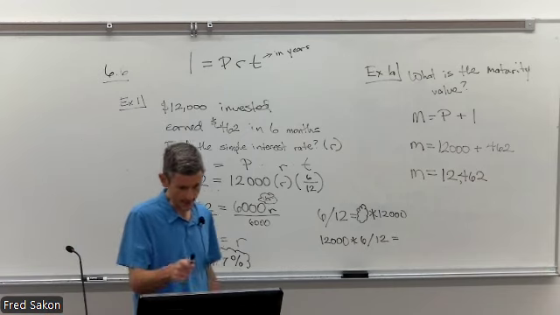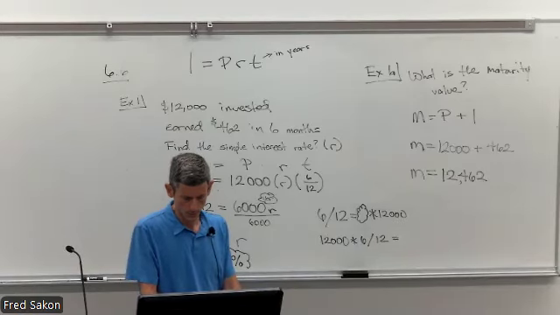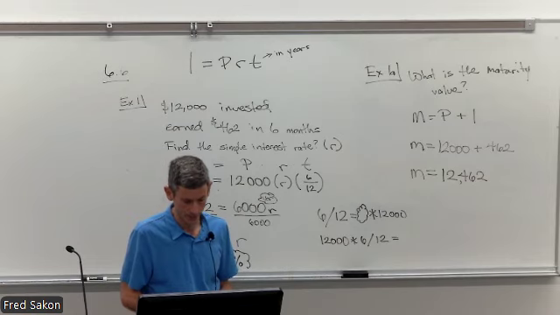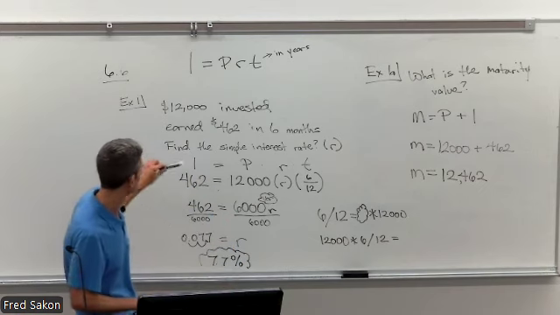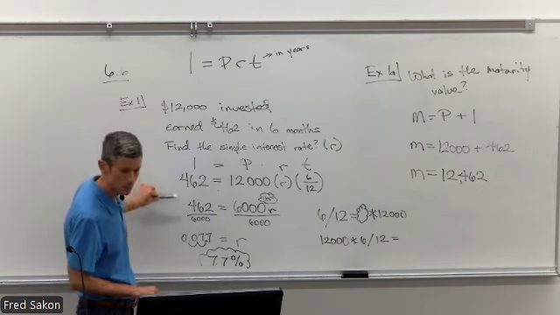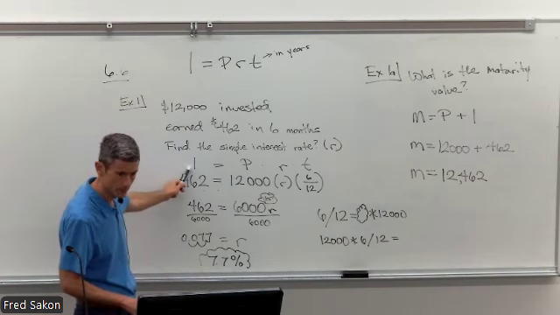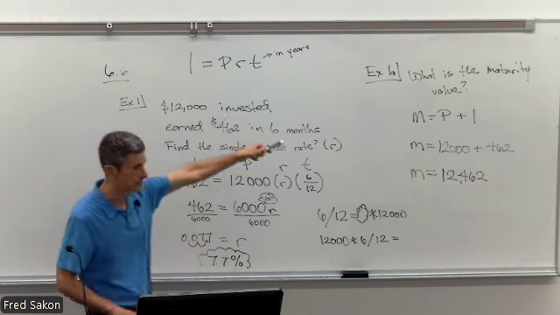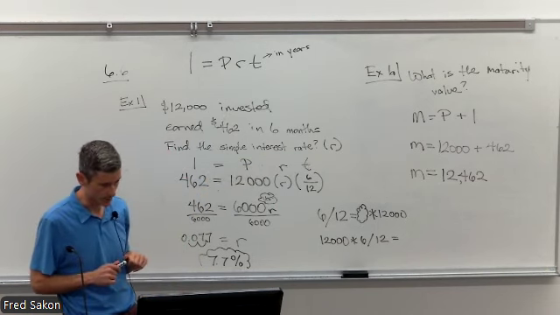Now looking at your practice problems, the second one asks for maturity value. So the second one, you would go through this process and figure out I, then you would add it to the principal. So that's problem number 2 there.